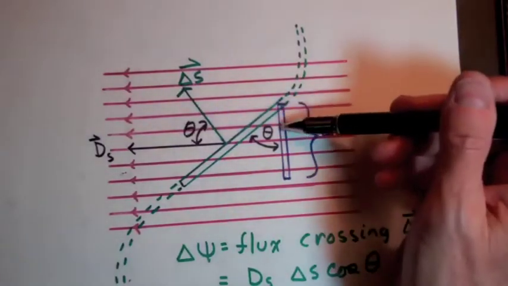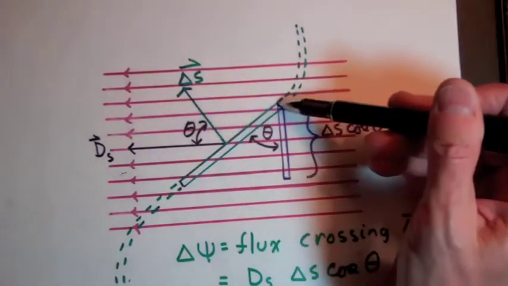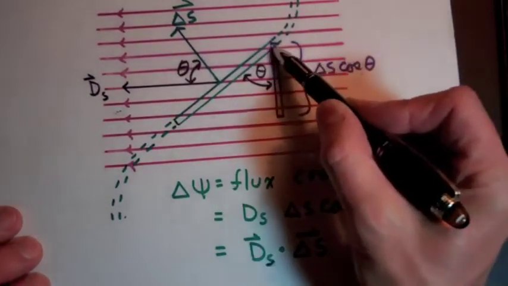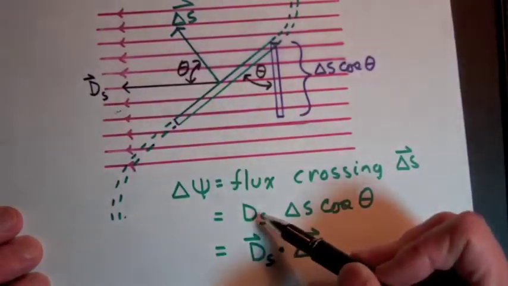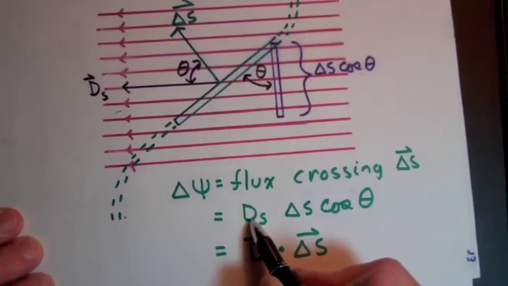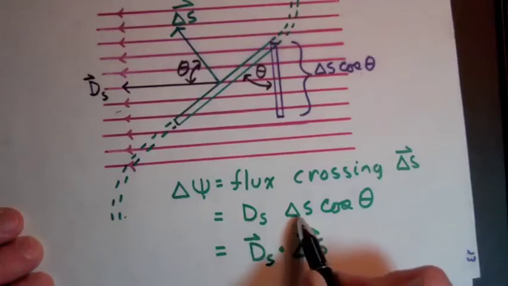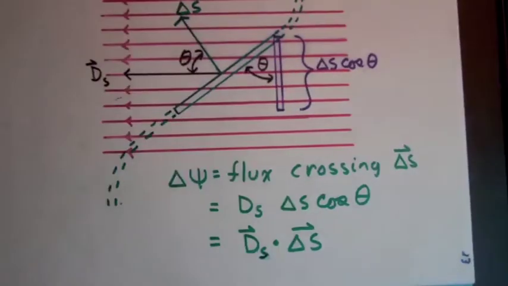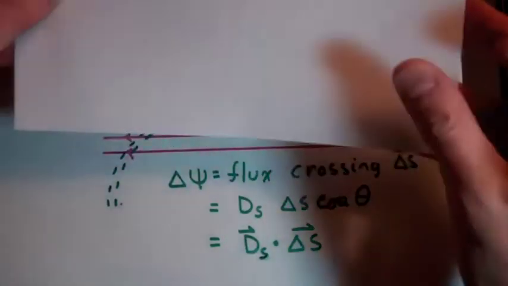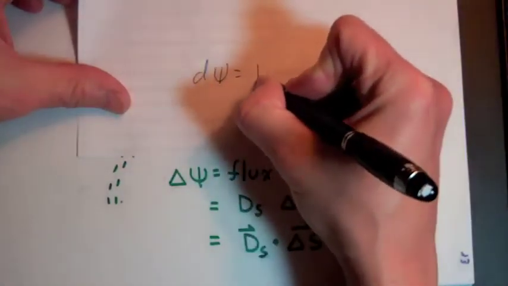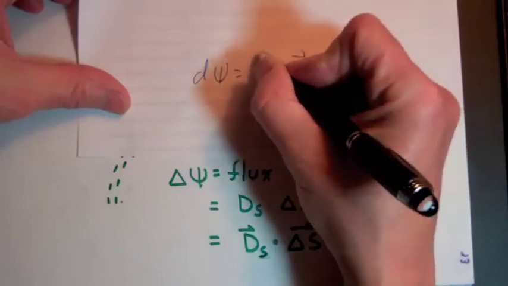So the amount of electric flux going through this plane will just be this area delta S cosine of theta times our electric flux density field D. And this is just the definition of the dot product between two vectors, the electric flux density field and our surface element delta S. If we take the limit as delta S goes to 0, then we can write this as d psi is equal to D dot dS.